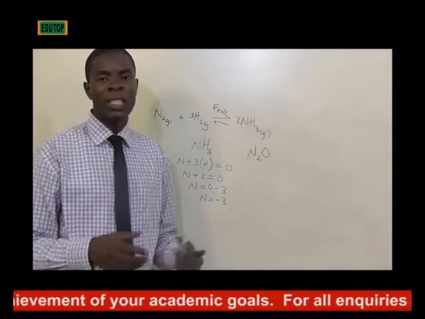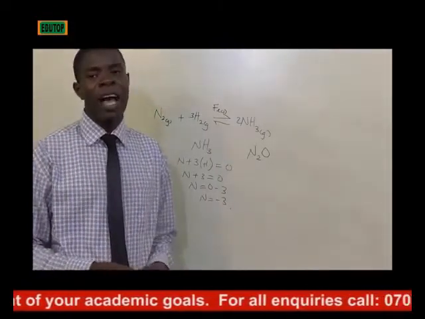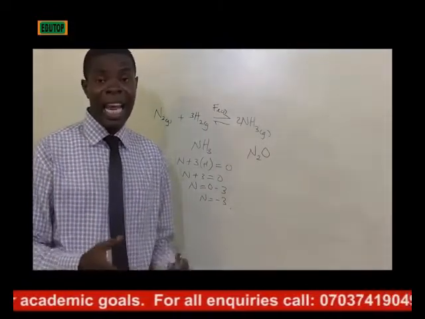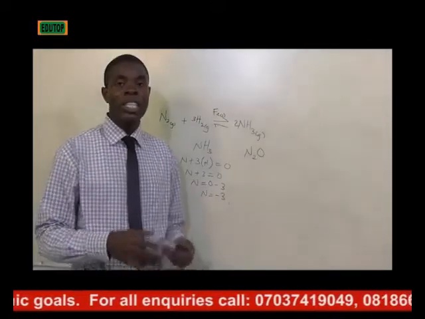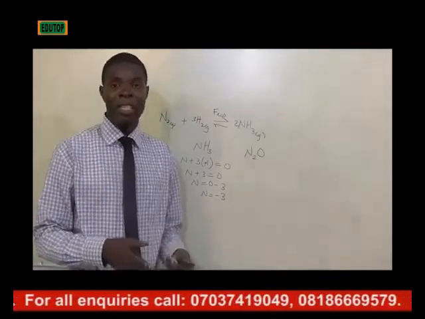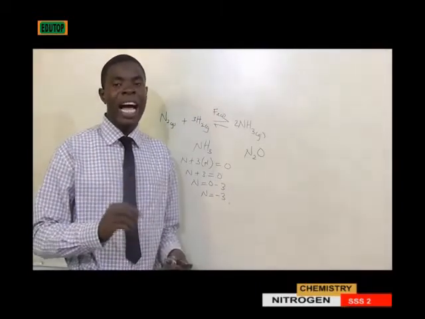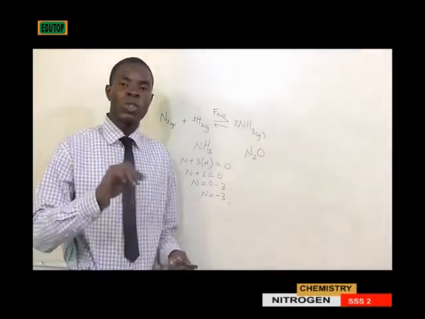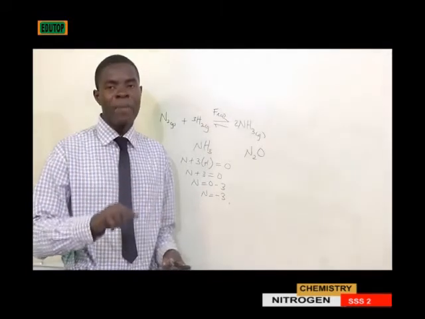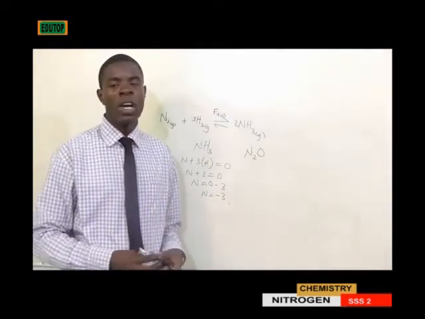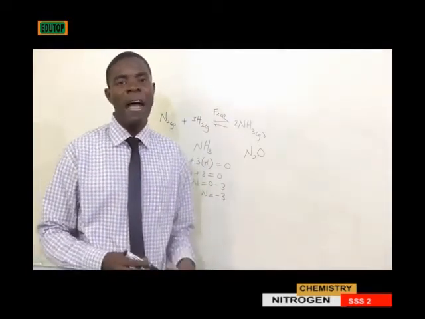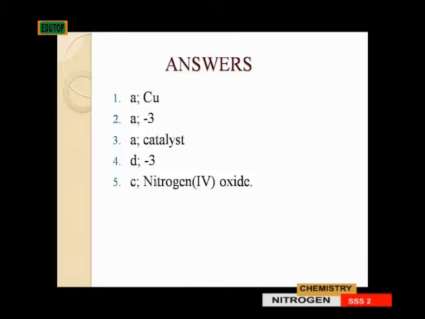Then the last option, D, ammonia gas. Ammonia gas is an alkaline gas because it is basic. So it is the only gas that has the tendency to turn red litmus paper blue. So the answer to question number 5 is D, which is ammonia gas.